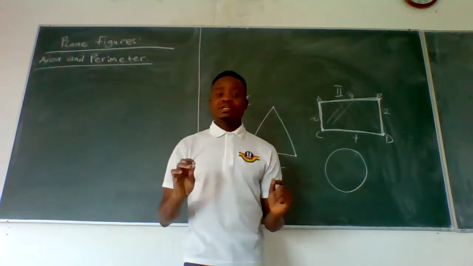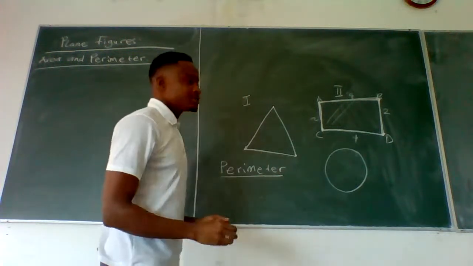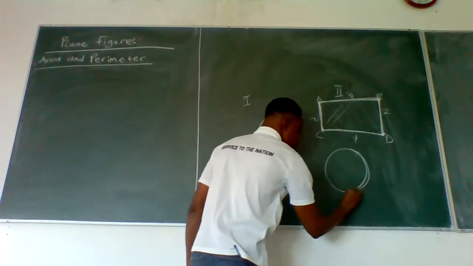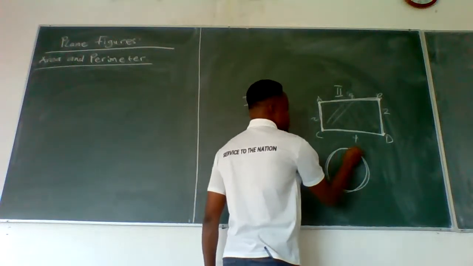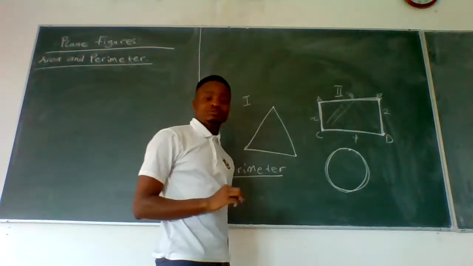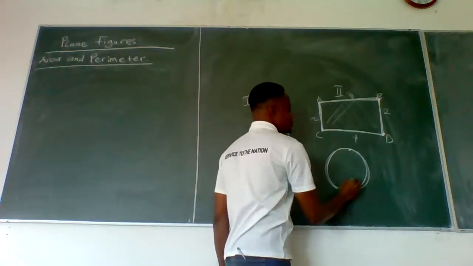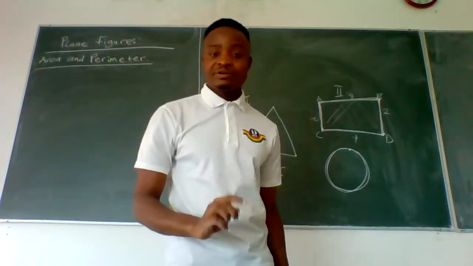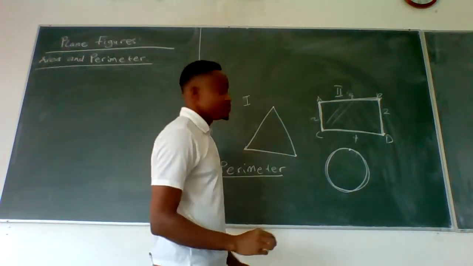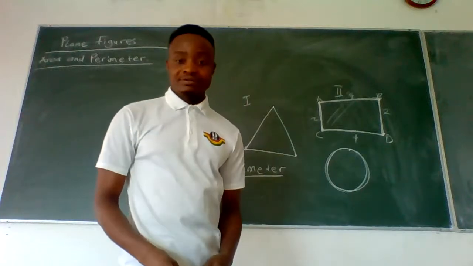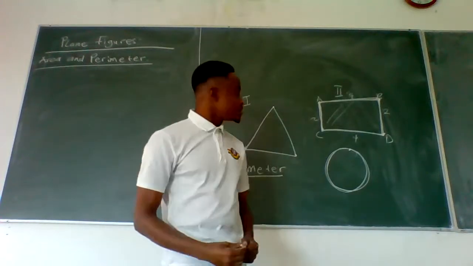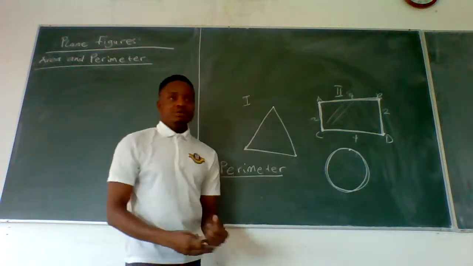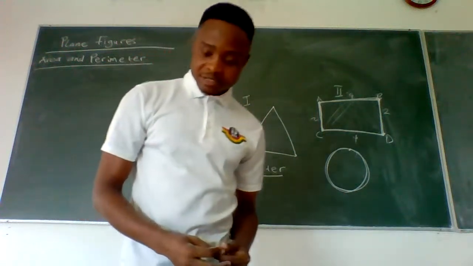When you want to find the perimeter of a circle, you stand at a point, then you move, then you complete your movement. The total distance covered is what we call perimeter. In a circle, we normally say the circumference of a circle. So these are some of the plane figures that we are going to discuss today.